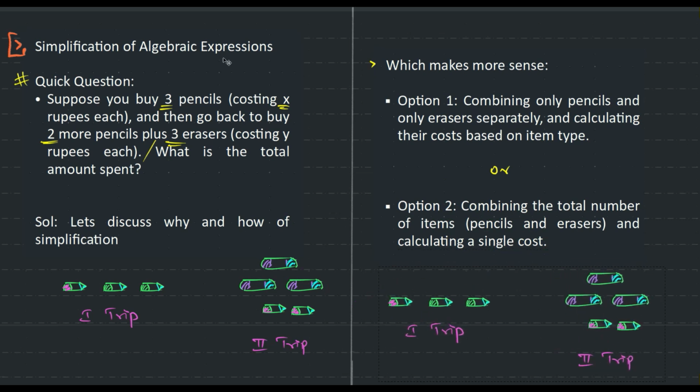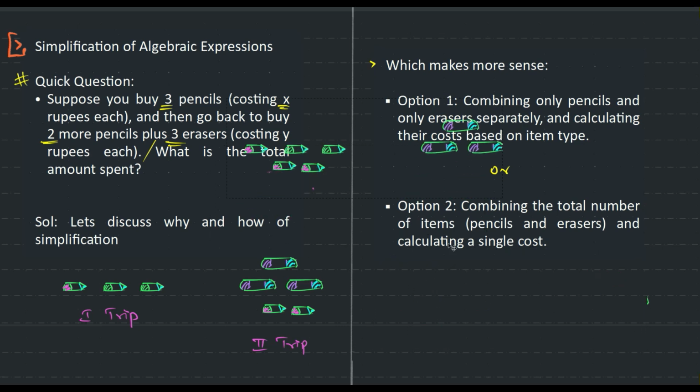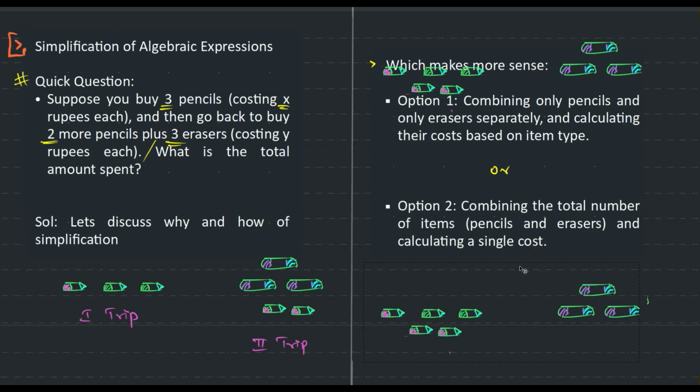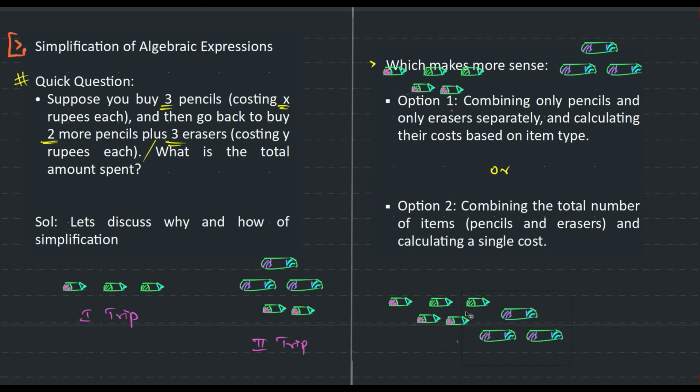So basically we'll not think about the trip, but instead we will consider this. This is option number 1 technically, or option number 2 would be, yeah, this is option number 2.